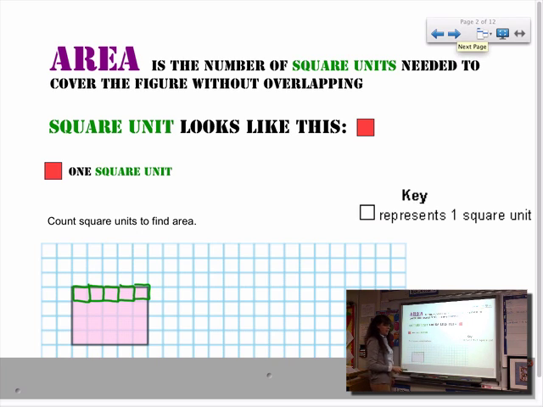Make note that as we are counting square units on this rectangle, we have found that the length of this rectangle is 5.